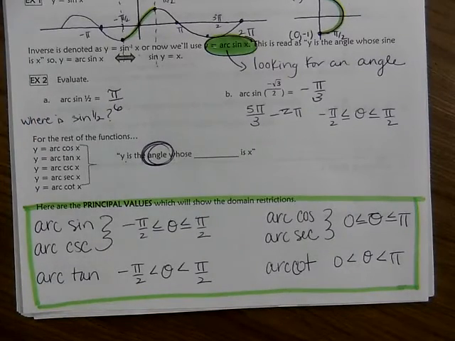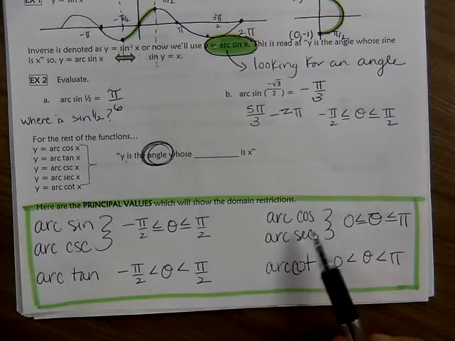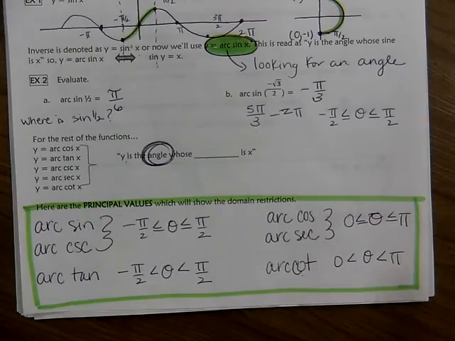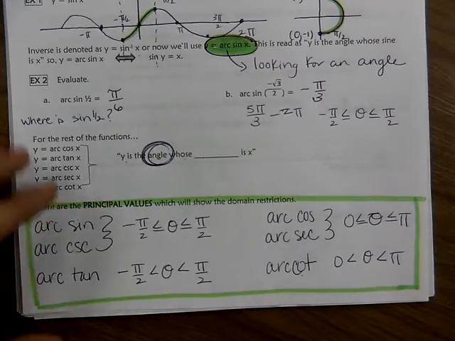So those are not included within its domain. Questions? Okay, so these you have to memorize. So that means that cosine, secant, cotangent, we're only going to talk about quadrants 1 and 2 because that's from 0 to pi.